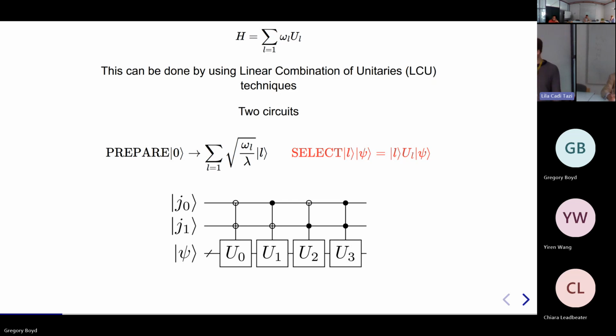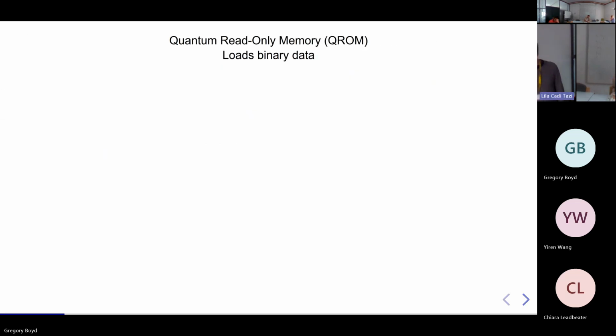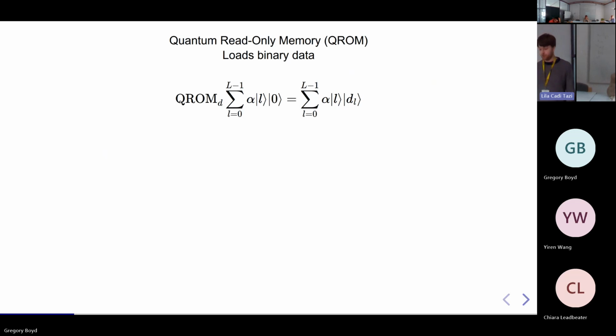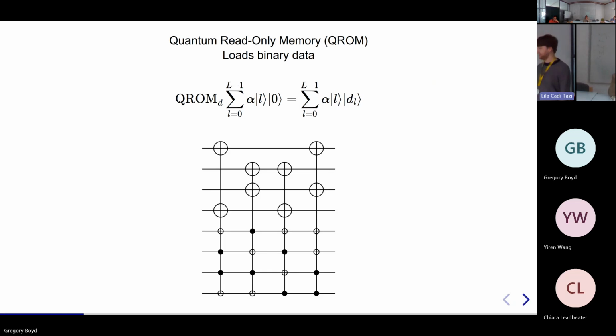To motivate why I started doing this work, I'm going to talk to you first about a special case of that particular circuit I was just showing you. This is called QROM, or quantum read-only memory, and it's essentially a way of loading binary data into quantum computers. It actually has the same form as the circuit I just showed you, except the U's are just products of Pauli X gates.